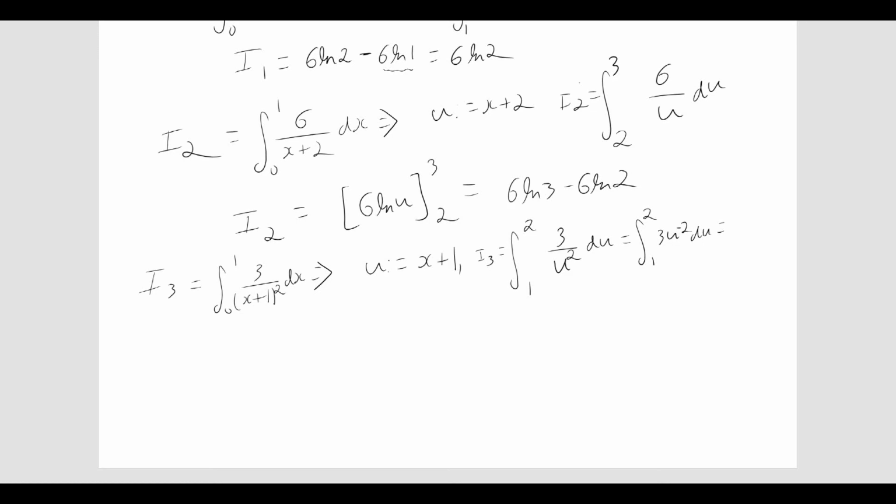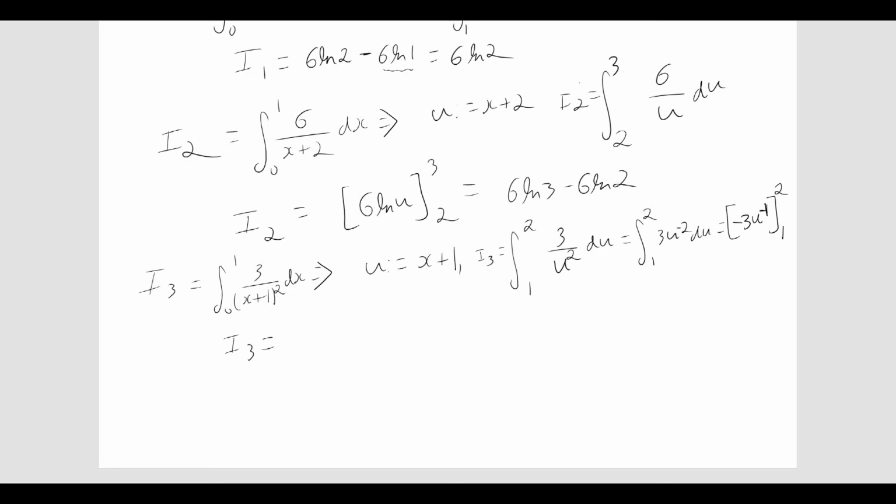We add 1 to the power, divide by the new power, which is minus 1. So we are left with minus 3 u to the minus 1. I always check, does this differentiate to what I want and what I have? Does this differentiate back to my integrand in my head? It does. Minus 1, 3, minus 2. And those are my limits.